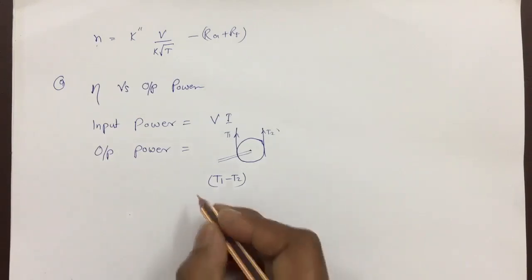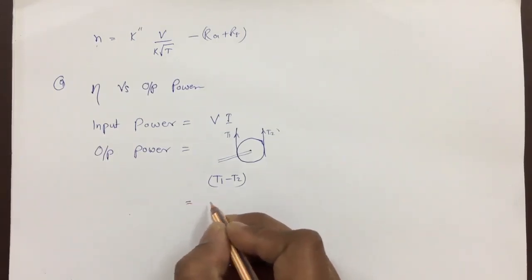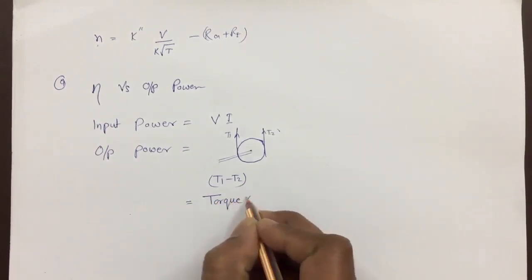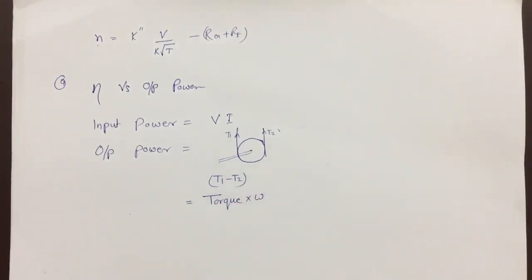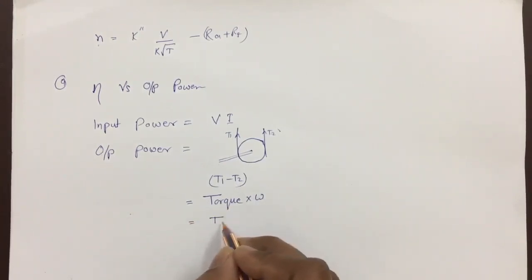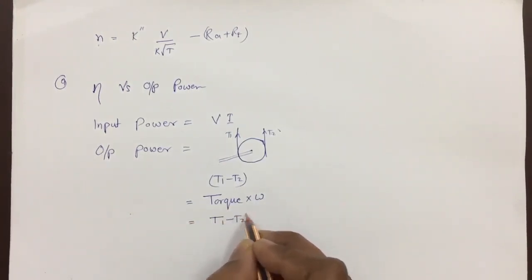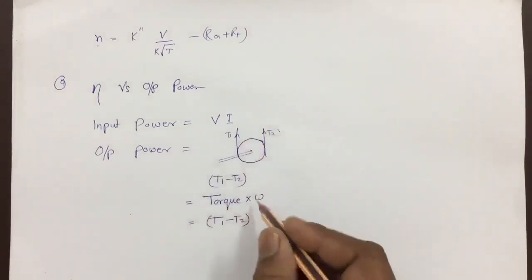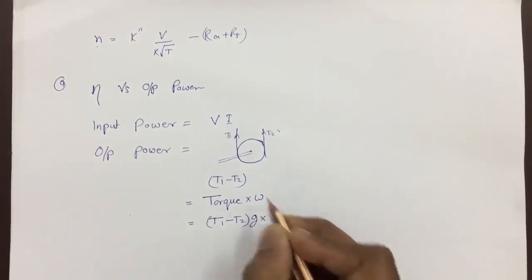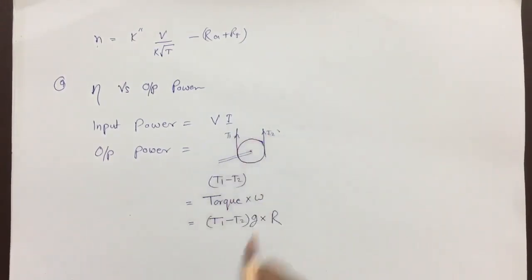So output power, we can say it is in mechanical form, that will be torque into rotational speed. Torque will be the change in the tension into gravitational constant g, multiplied with the radius of the pulley at which this tension is applied.